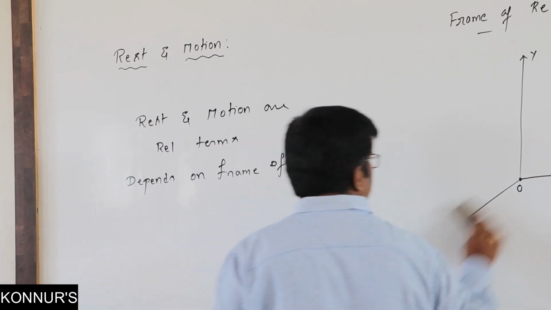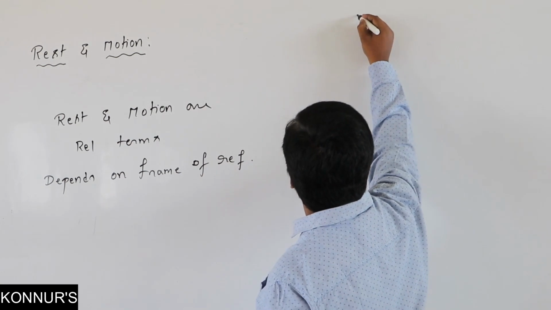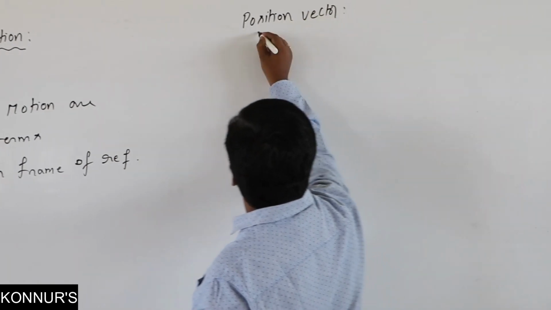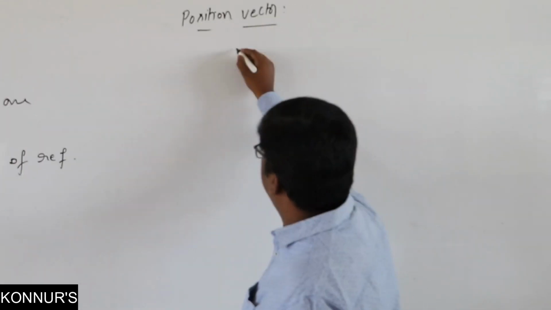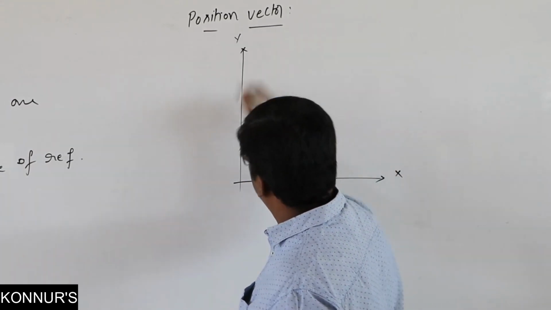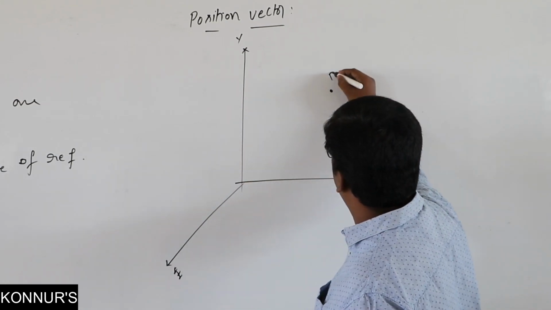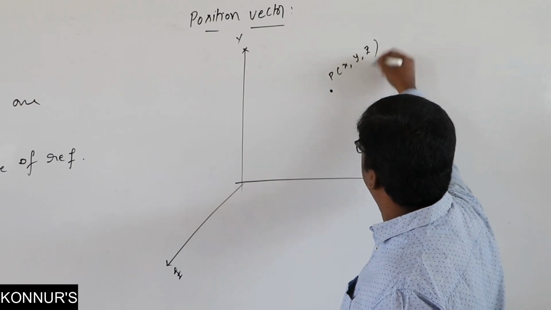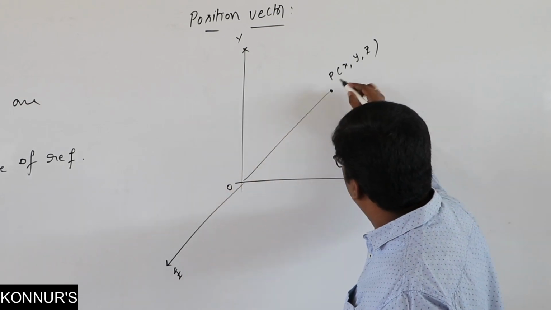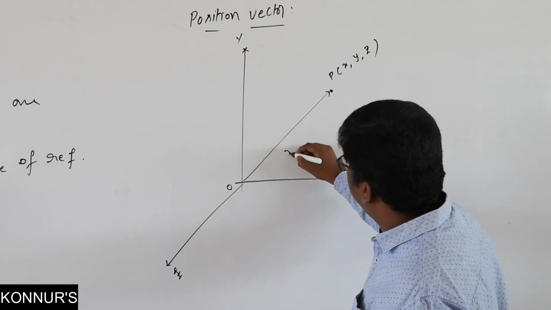Next, we will discuss the position vector. What does the position vector mean? In a coordinate system x, y, z, if you have a point P whose coordinates are x, y and z, the vector which connects the origin and the point and is directed towards the point is called the position vector.